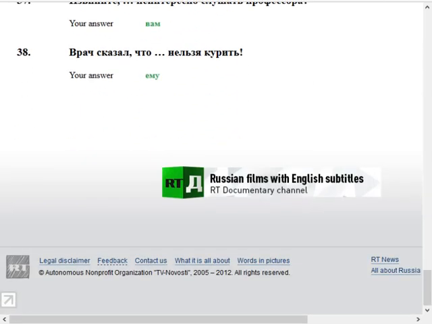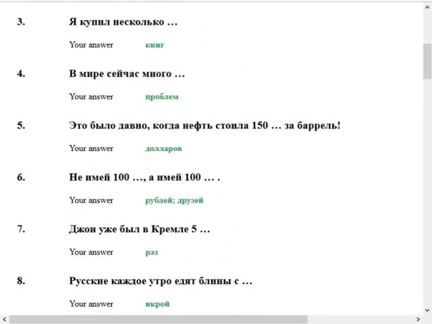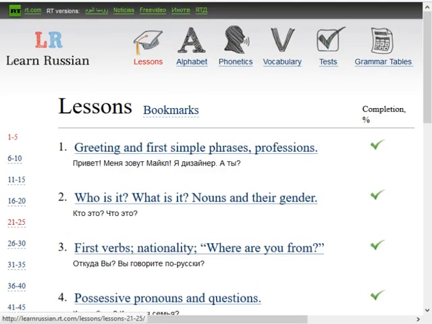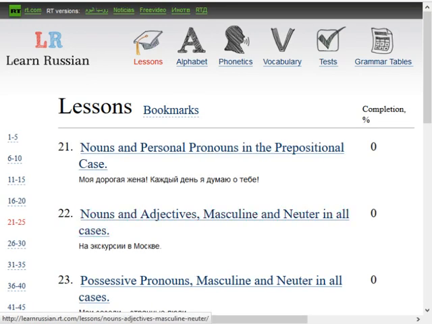Next time we will carry on with lesson 21, and if we look at the lessons quickly, lesson 21 is, yes, prepositional case, as I said. So we're going to cover the last case that we have not yet looked at. And then after that, we're going to see different forms applying to all cases.